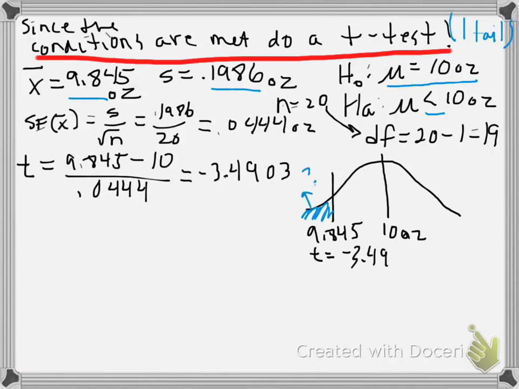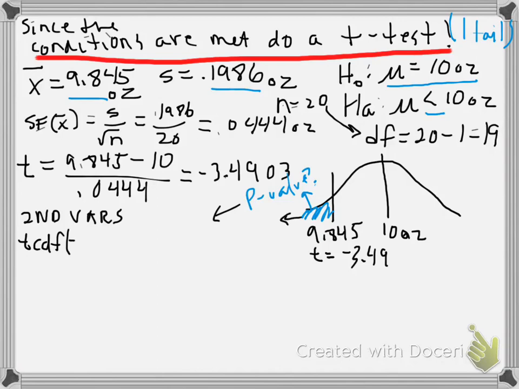So how do we get that? Well, remember, on the calculator, we're going to use second vars, and we're going to find our tcdf, and we're going to go from our low t-score. Well, we're going to negative infinity, right?